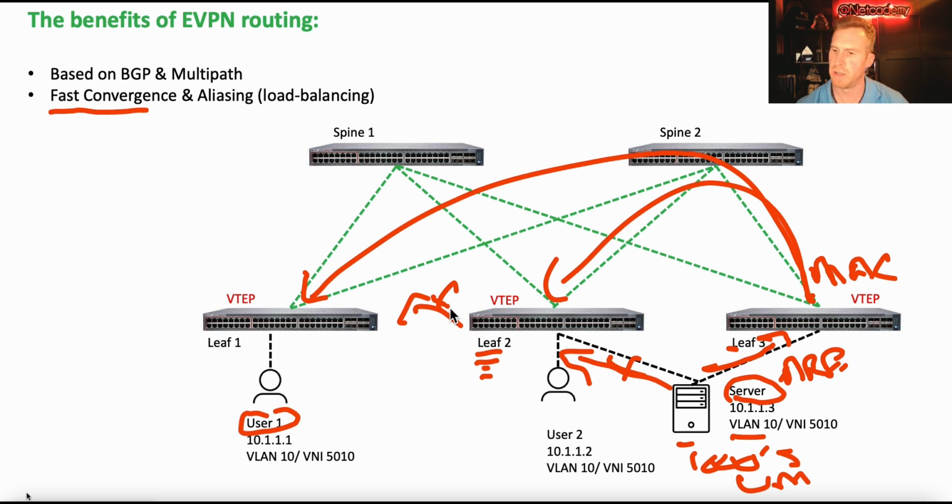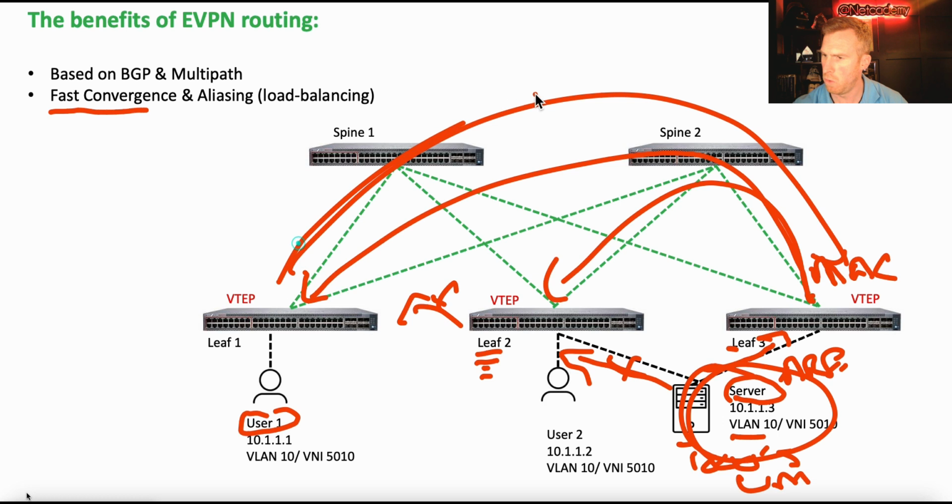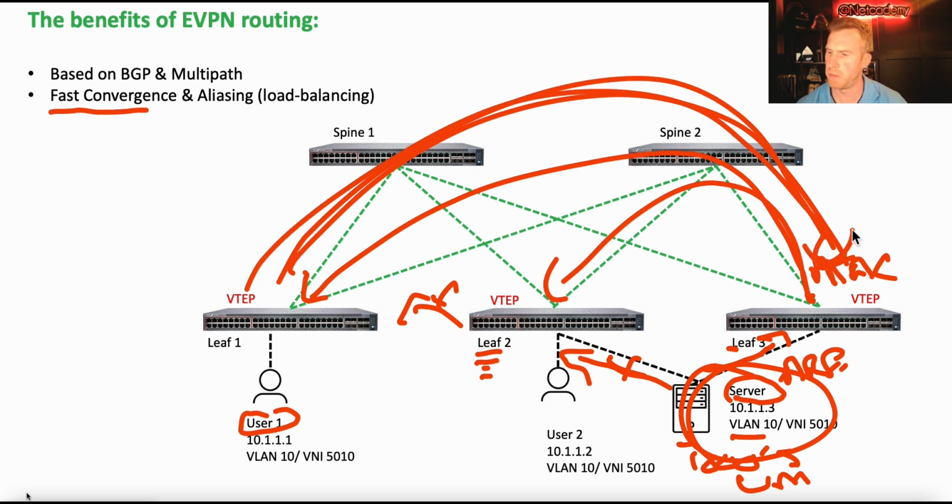So in that case, to get to the server here, leaf 1 is going to send all packets for all those hundreds or thousands through spine 1 or spine 2, but essentially all hitting this leaf here. So it's all going to hit leaf 3.